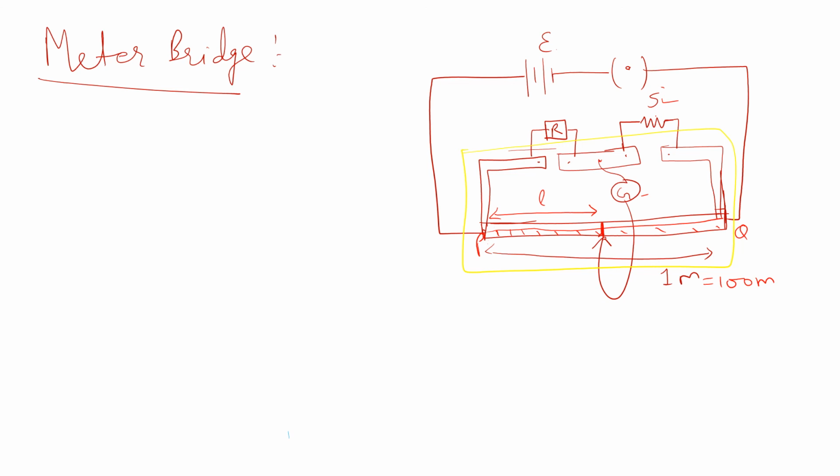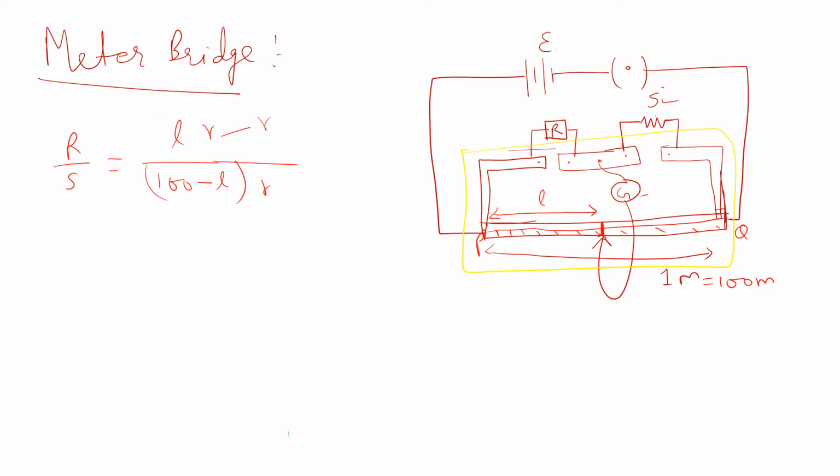In that case, since I get the null point at length L, I can write R over S equals L over 100 minus L. On the upper side I can also write R, and here I can also write R. So what is R?